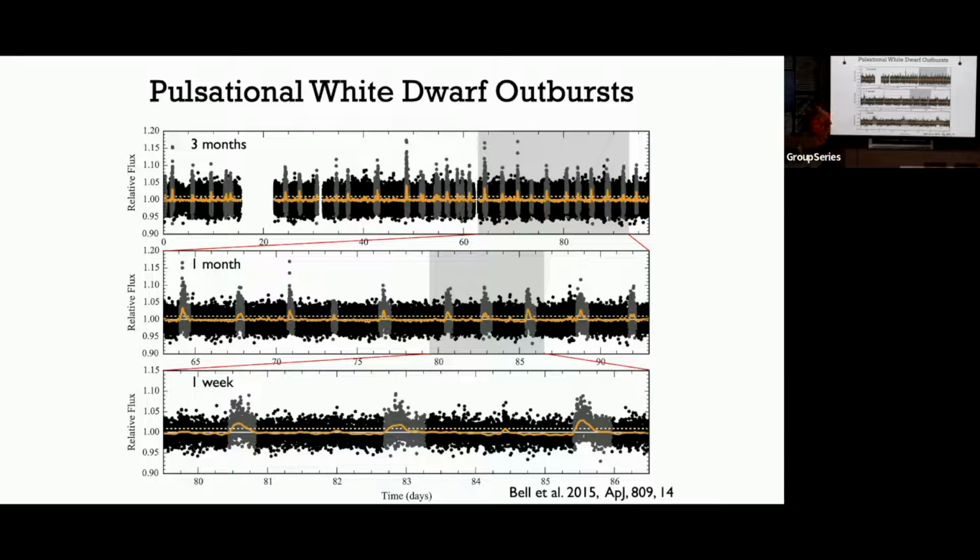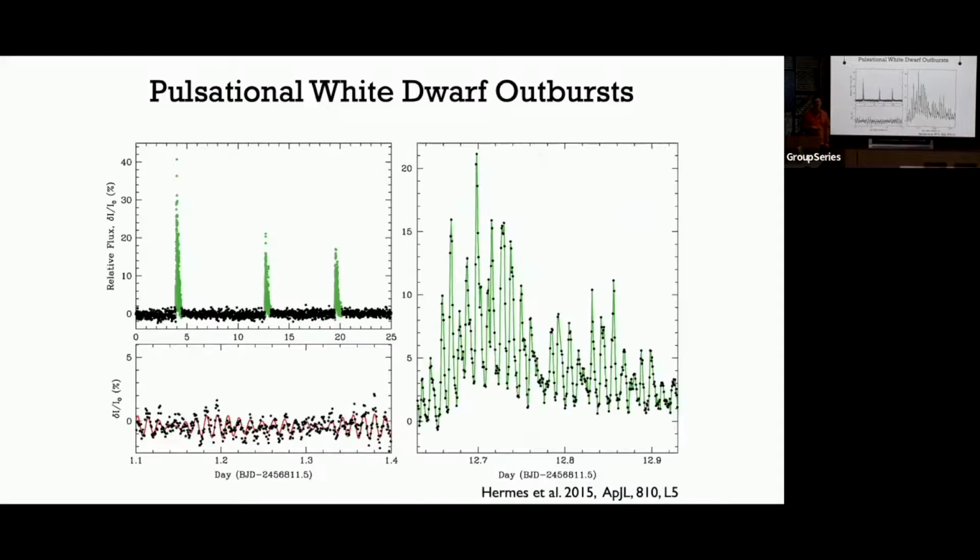And so this is what we called outbursts from pulsating white dwarfs, for lack of a better term. May not have been the best term. But this was the first example of it with this huge data set from Kepler. As Kepler started to observe new fields along the ecliptic as K2, we saw more examples of this from brighter white dwarfs where we could get much better signal to noise and really see what was going on.